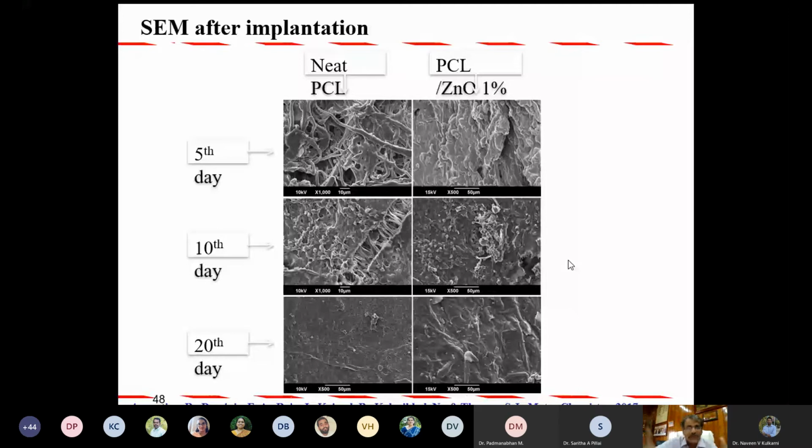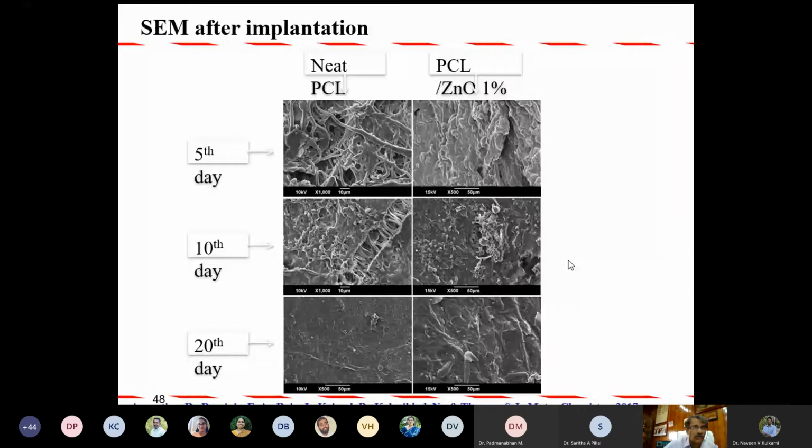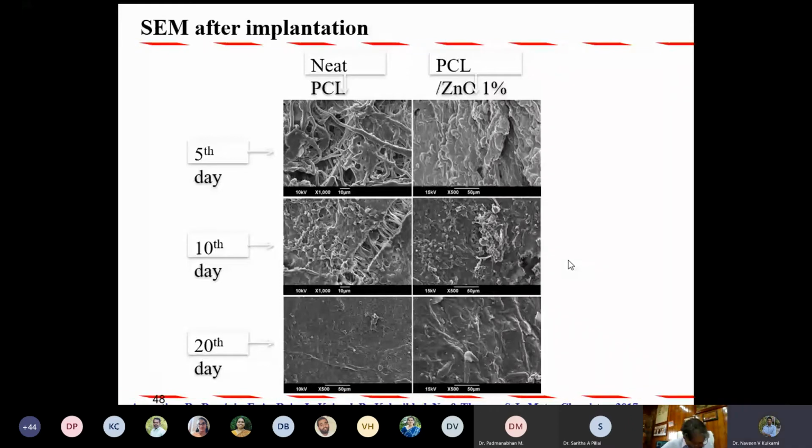That should not stay. That's a sort of temporary support. If you look at this 2 SEM picture, you will find that PCL with 1% zinc oxide start disappearing after 20th day. So the disintegration of scaffold has been accelerated by the presence of nanoparticles. Next one, please.